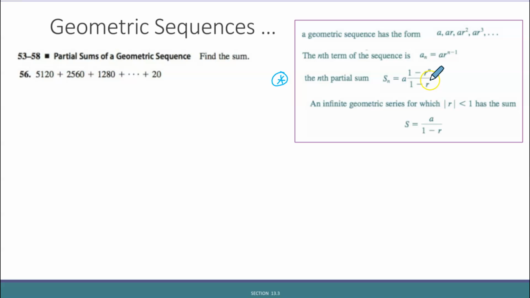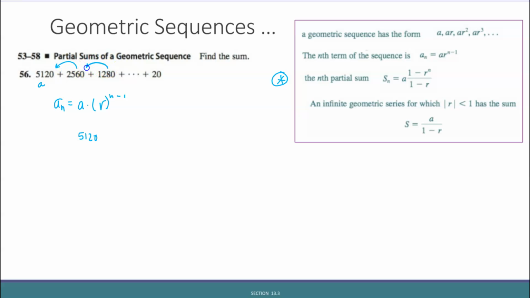Let's see if we can find the n and the r needed in order to do a partial sum. I'm going to start with a_n equals a times r to the n minus 1, because I can probably figure out n and r from this formula. We know a is 5120. I can figure out r, because remember, I'm going to divide a right term by a left term.